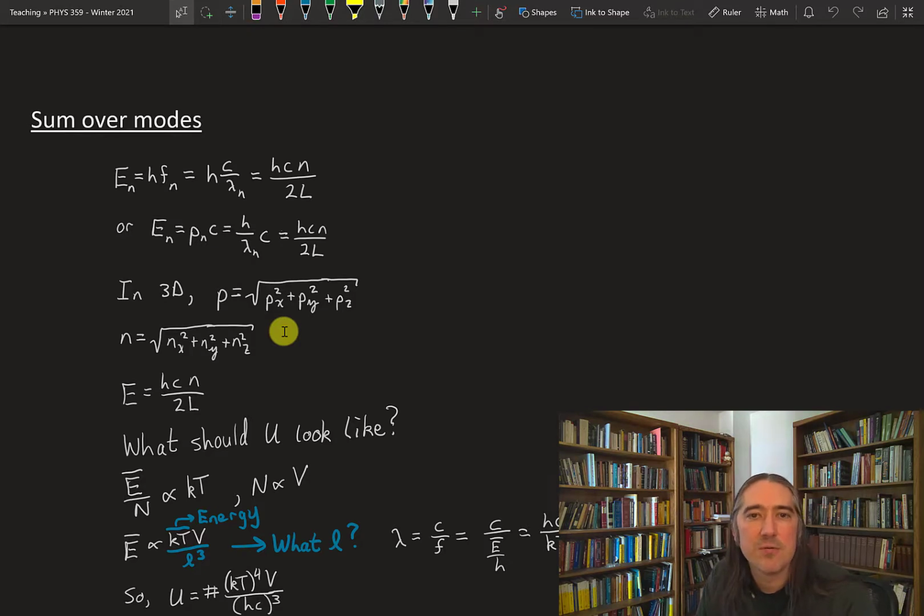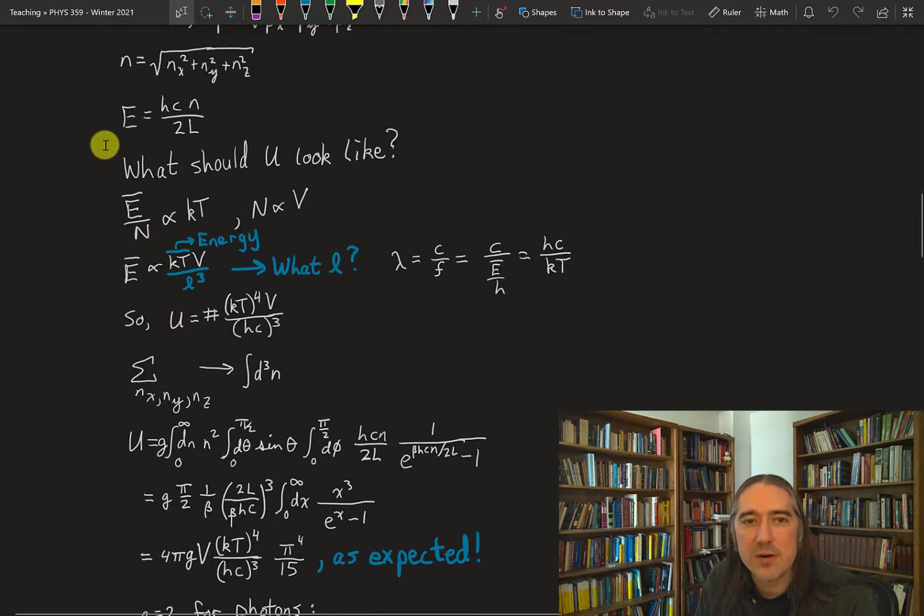But for photons or any massless boson, the momentum is going to be related to the length of the n vector. So that's how we're going to think about this in n space. And our formula for energy pulls directly down because I've named the length of the n vector little n. Good, so there's our energy.